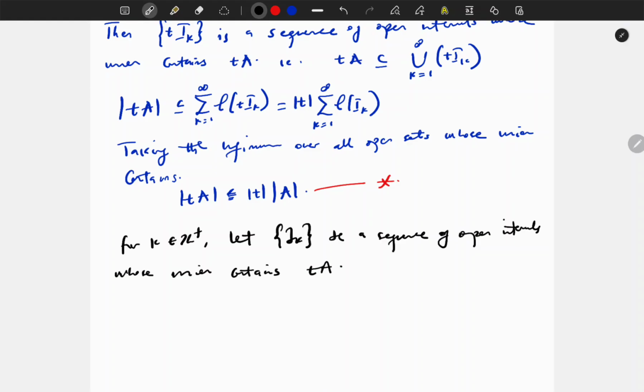So that is, tA is a subset of the union of J_k, k equals 1 to infinity.